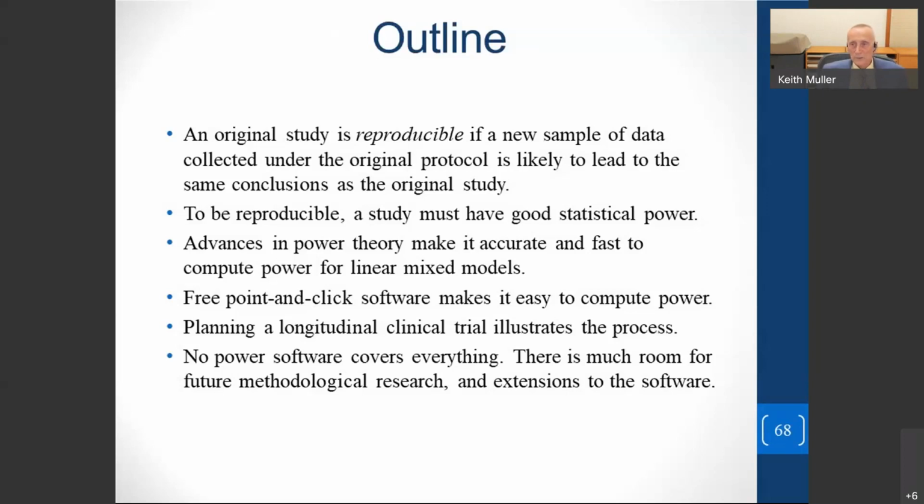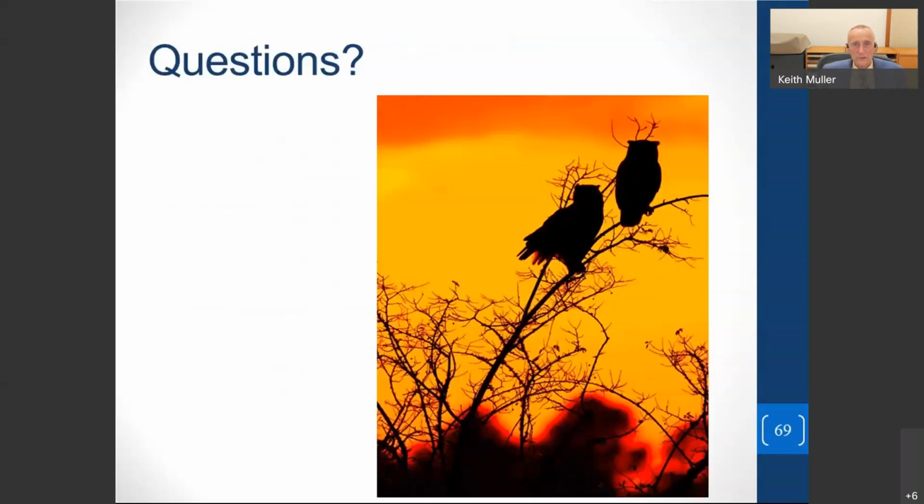We've illustrated the process with a longitudinal trial of pain, the memory of pain. Our graduate students were fond of the phrase, the only outcome is the memory of pain. But I hope that glimpse the memory of removing pain, because we hope that the power software makes it easy to do the designs we cover. We can't cover everything. There is room for future methodological research and extensions to the software.